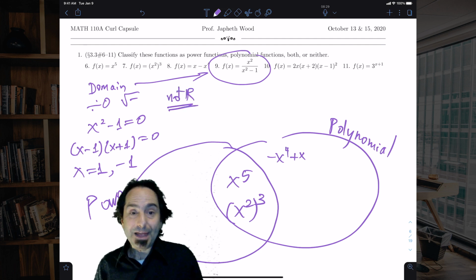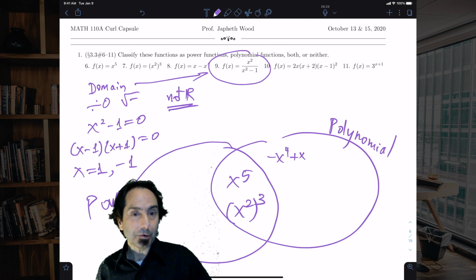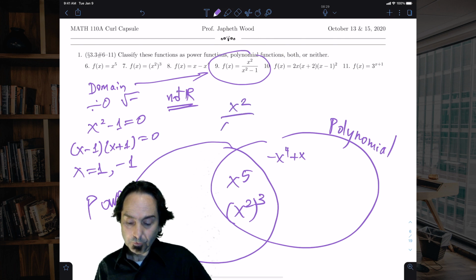But that's different from any polynomial. If you have any polynomial, you can input any number that you want. The domain is all real numbers. So this is not a polynomial, and it's also not a power function. For a power function, 1 is always in the domain, and usually negative 1. So x squared over x squared minus 1 is neither.